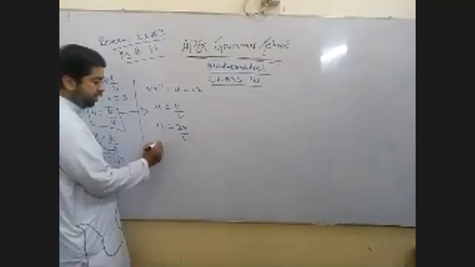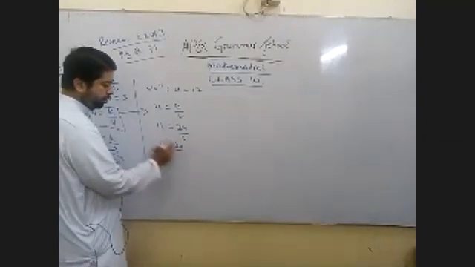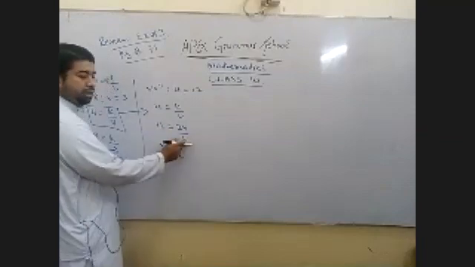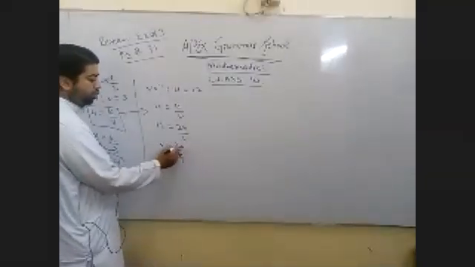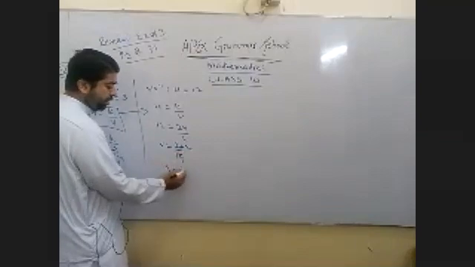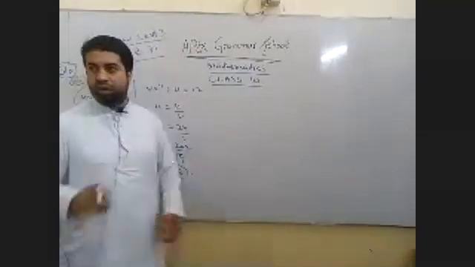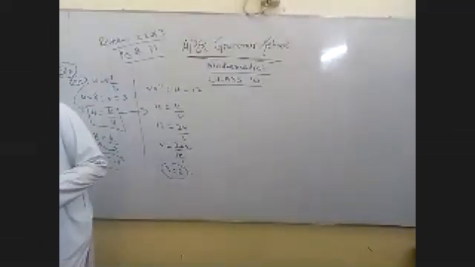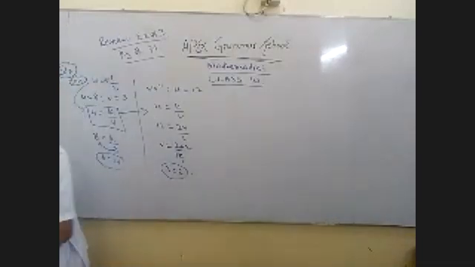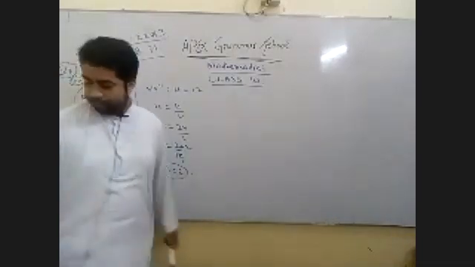So reshuffle these values. 12 will appear inside of V. 12 ones are 12, 12 twos are 24. So you have this value of V. Very simple questions these are.